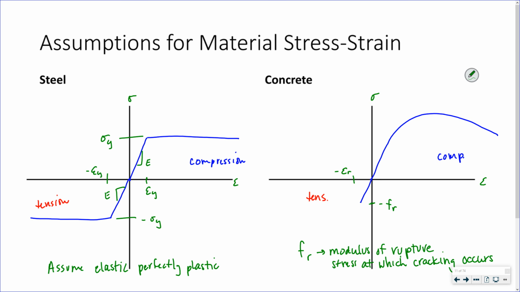And then on the compression side, this peak is our f'c, which is the compressive strength of the concrete, and its associated strain is called epsilon naught.